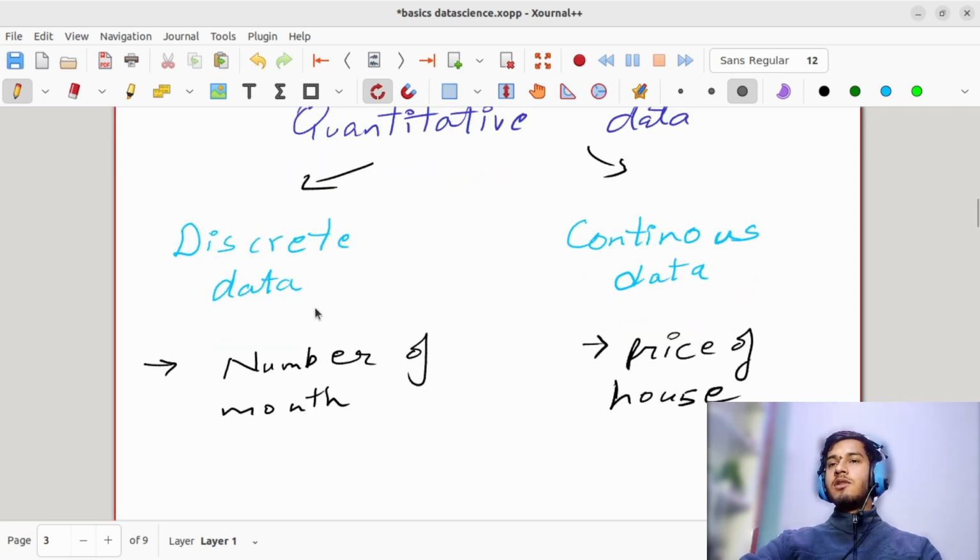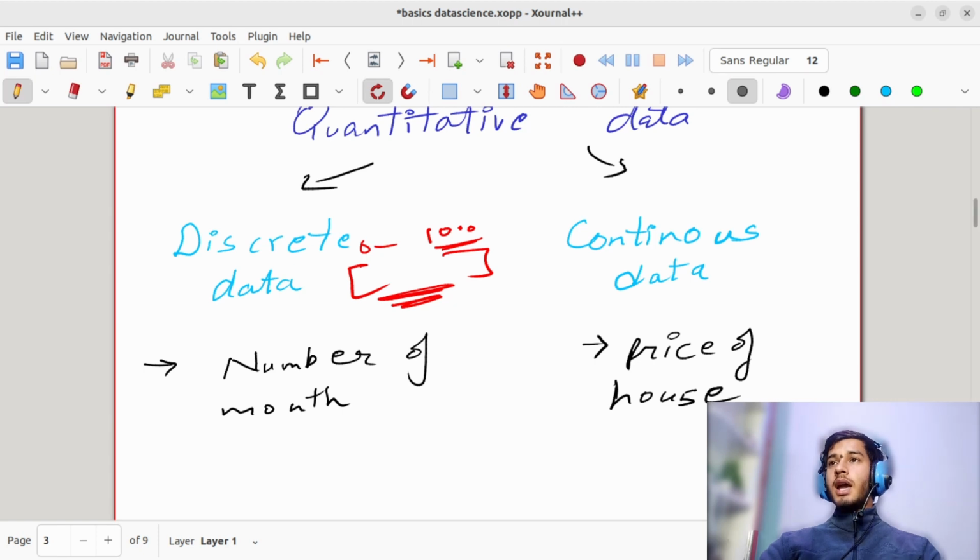Discrete data will be on fixed numbers. There will be a certain fixed number inside a range, like the number of months. It can't go above a certain value, and it starts from 0, right?